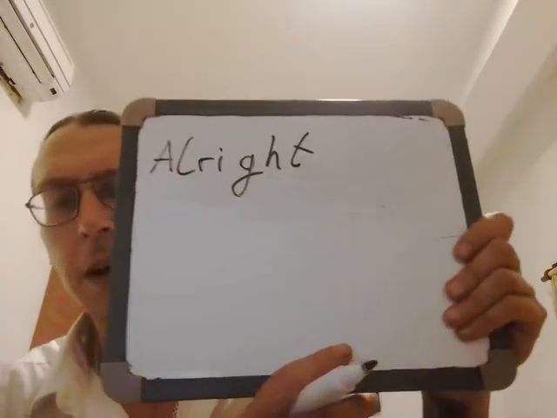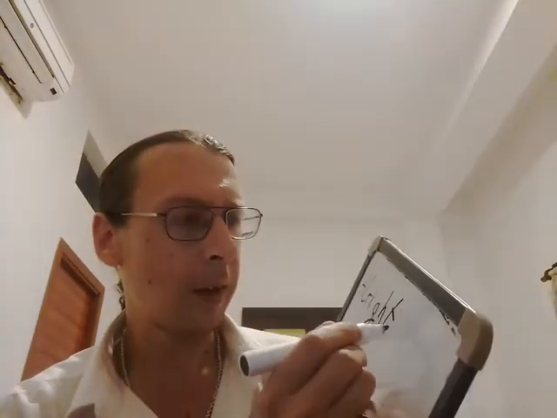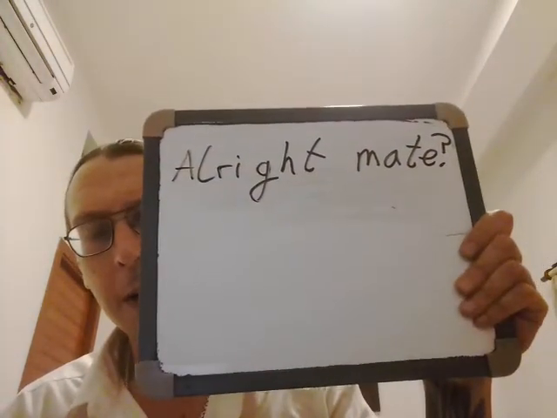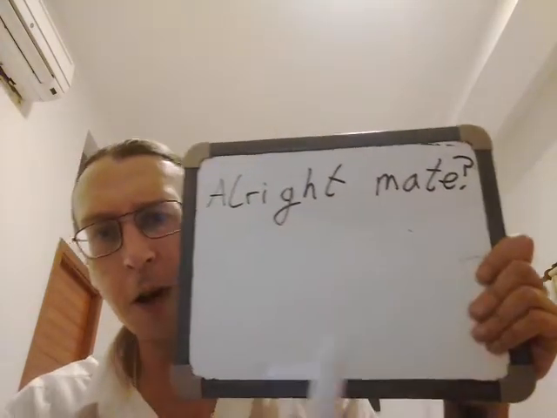So one thing that English people say a lot is all right. People say this a lot. All right, like you all right, mate? And this phrase, all right, mate, it's two words, but it's saying so much. Like with an English guy, if you say all right, mate, what you're really saying is, hi, how are you?